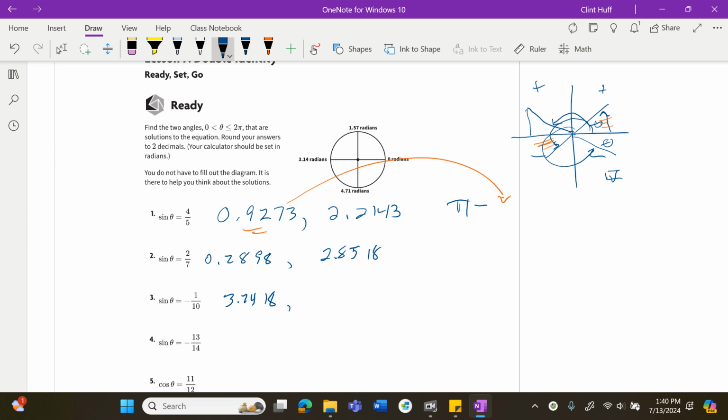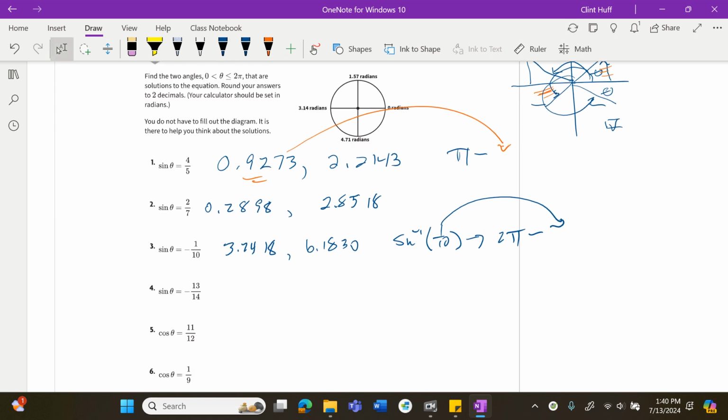So inverse sine 1/10, that's the reference angle. Then do 2 pi minus that, and you should get 6.1830. Once you get that result, do 2 pi minus that result, and you get the second value. So same thing on the next one. You input it into your calculator, you're going to get 4.3321.